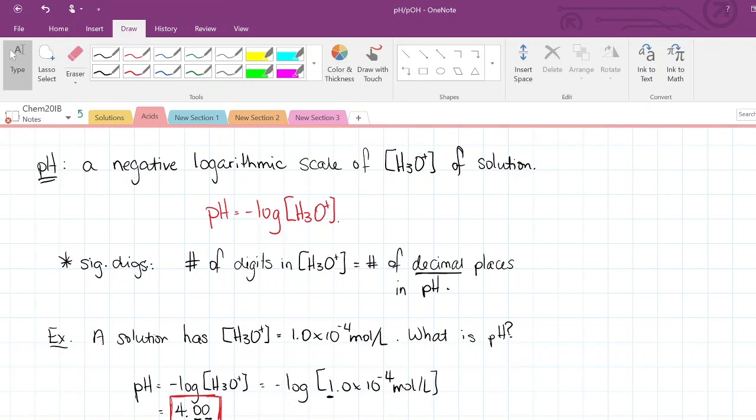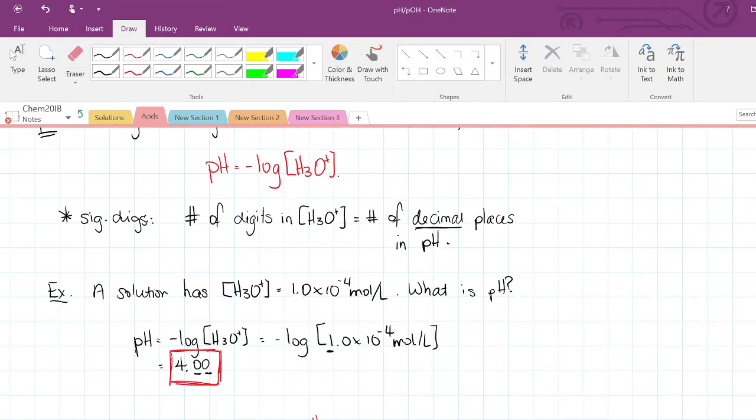And the deal with significant digits is that the number of digits in the concentration equals the number of decimal places in the pH. So the number of digits in your concentration equals the number of decimal places in your pH.